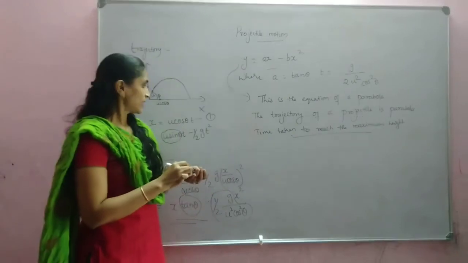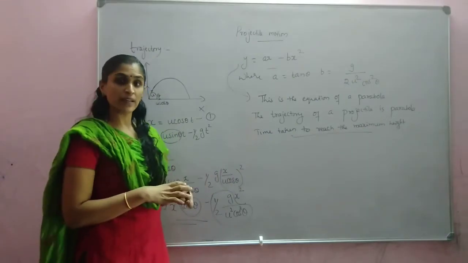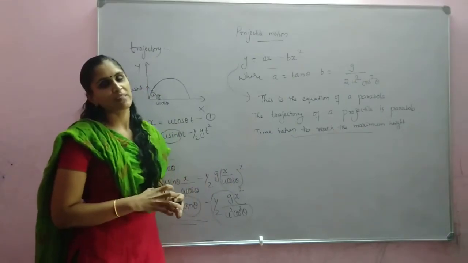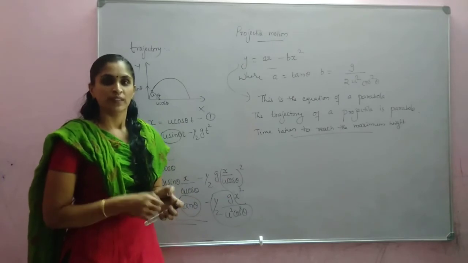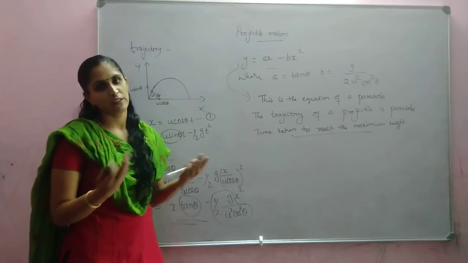How to find it? When it reaches the maximum height, what will happen to the y component of velocity? It will become 0, no?